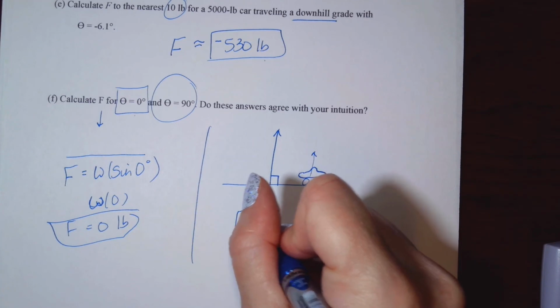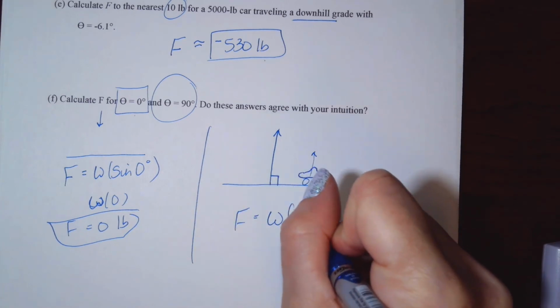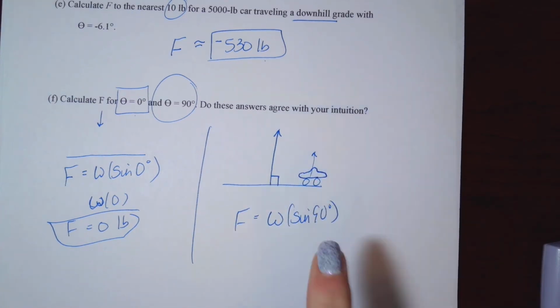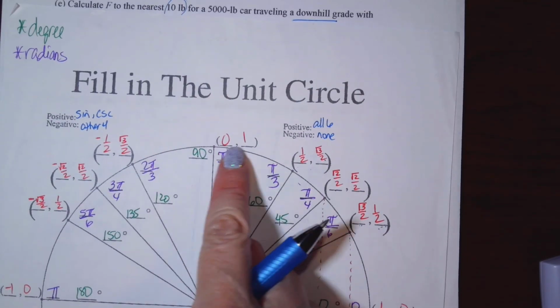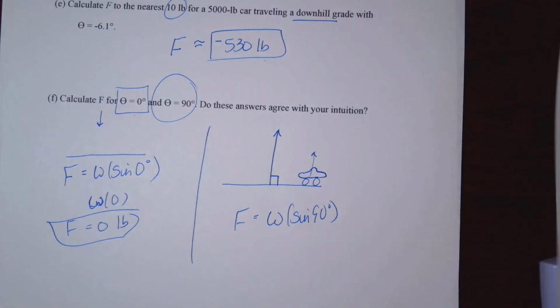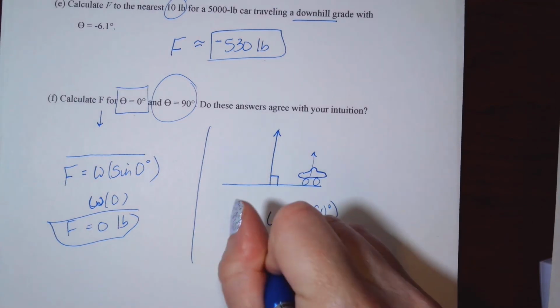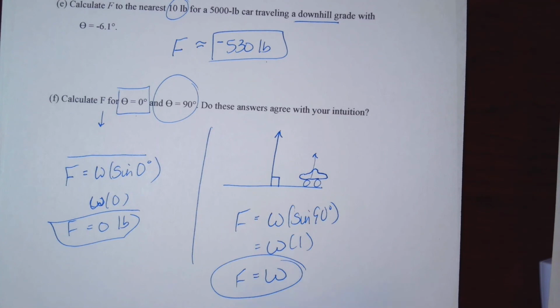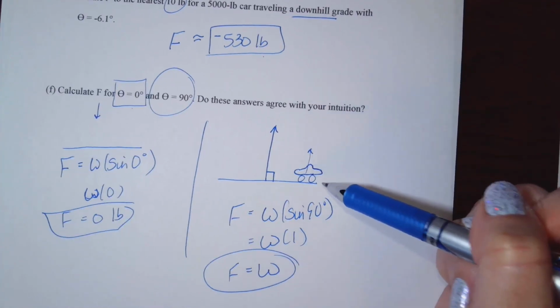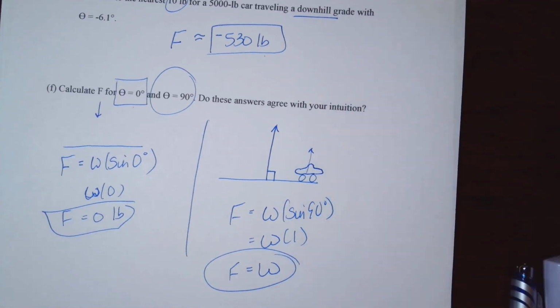Well, whatever the weight of the car is times the sine of 90 degrees. What's sine at 90 degrees? Well, at 90 degrees, my sine value is 1. So yeah, the grade resistance there at 90 degrees is literally the weight of the car pressing down against me. So that is what I expected. Hopefully those made sense and you were able to reason through those.